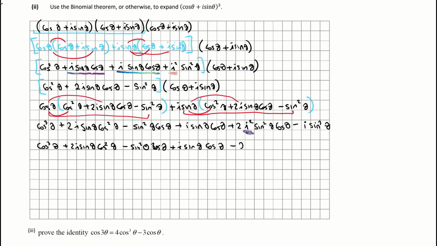Negative 1 by 2 is negative 2 sine squared theta cos theta minus i sine cubed theta. And I think that is as far as we can go there with our multiplying out. So that will be part 2.